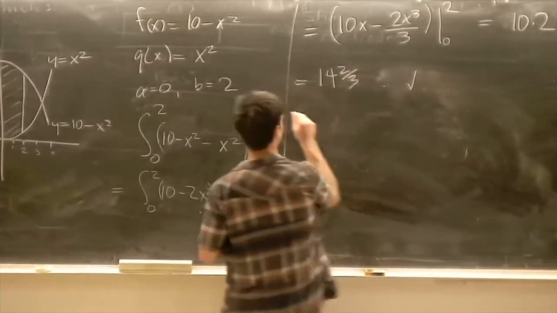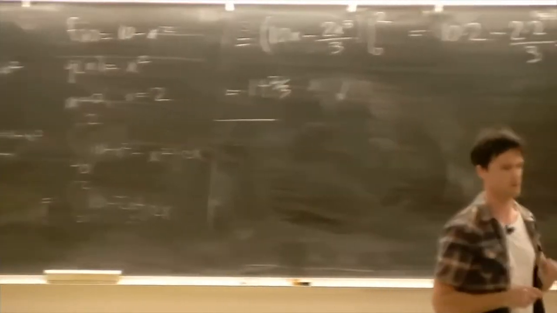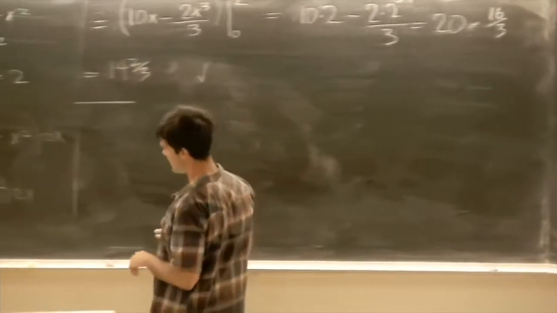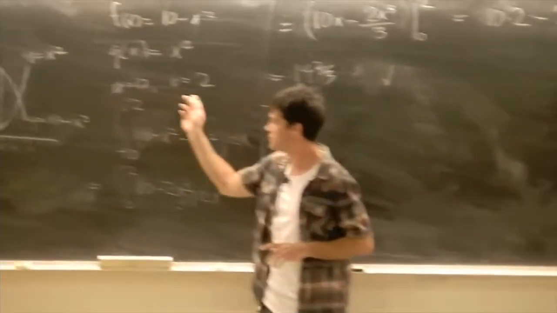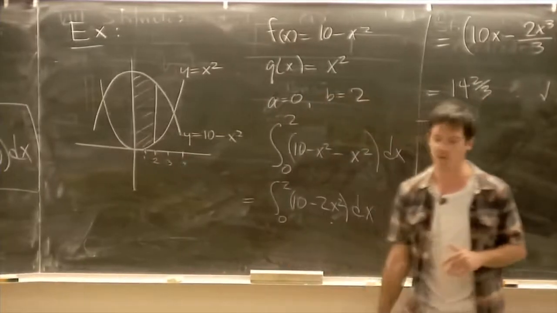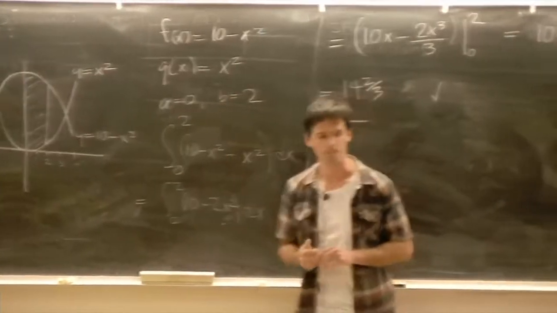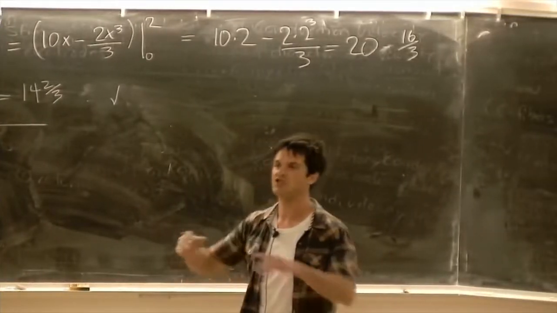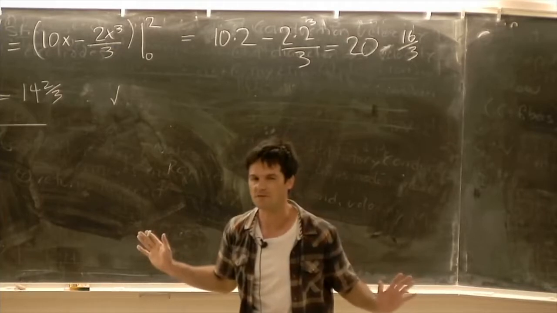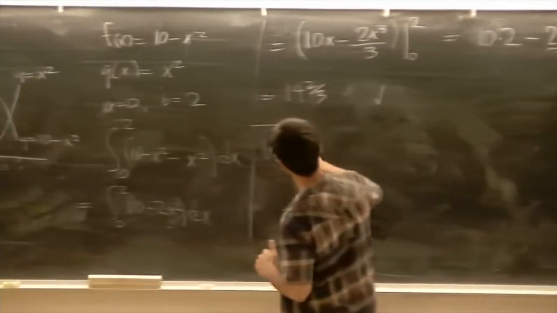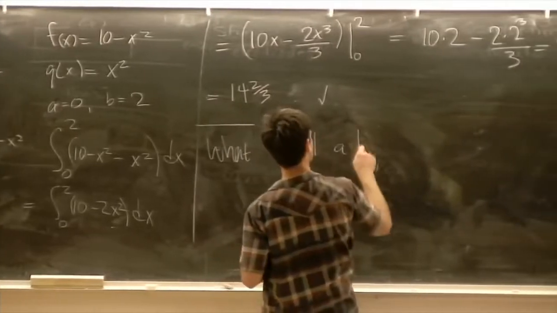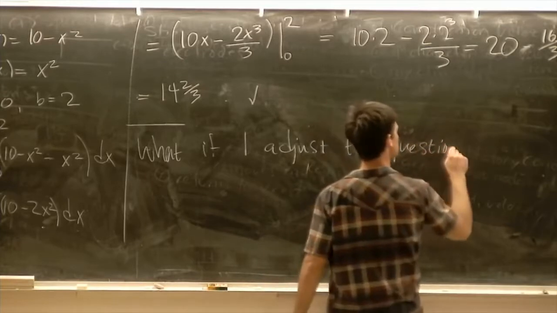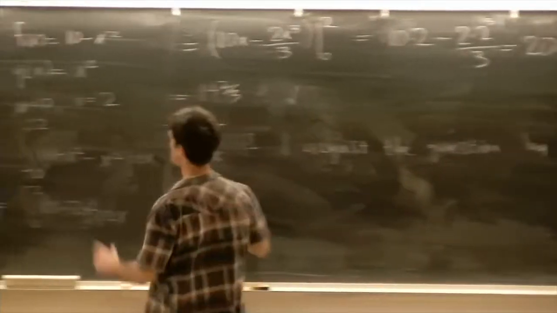That does it for this, but now let me alter the example a little bit, because a lot of the time a question is not going to be as clear-cut as this. It was kind of nice in that I clearly illustrated in the picture what the two limits were. But more typically, a question might say, just find the area between two curves. So forget about 0 and 2.